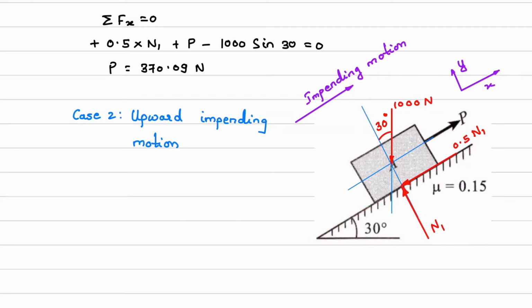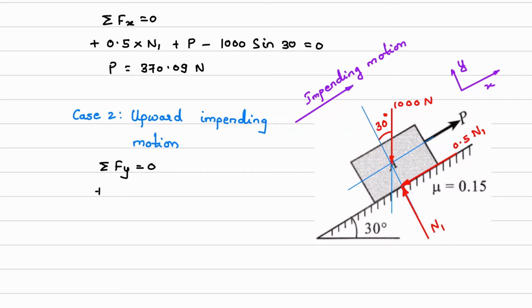So I'll write down summation of all the forces in y direction is equal to 0. Now this direction we are considering positive, so plus N1, and the weight component in downward direction will be minus 1000 cos 30.